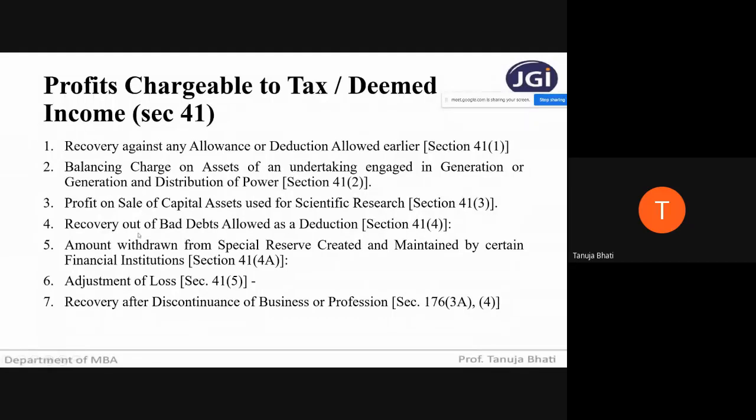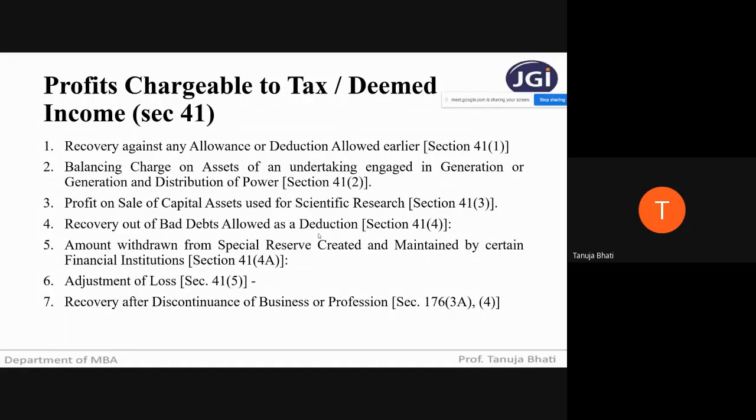Next, recovery out of the bad debts allowed as a deduction earlier. Suppose any bad debts, you all know what are bad debts, right? If any bad debts have been allowed as a deduction, we know that bad debts are allowed as a deduction under section 36, we have seen. So suppose you take it on the debit side in a particular assessment year, thinking that the debtors are not going to pay back the money, it has become bad.